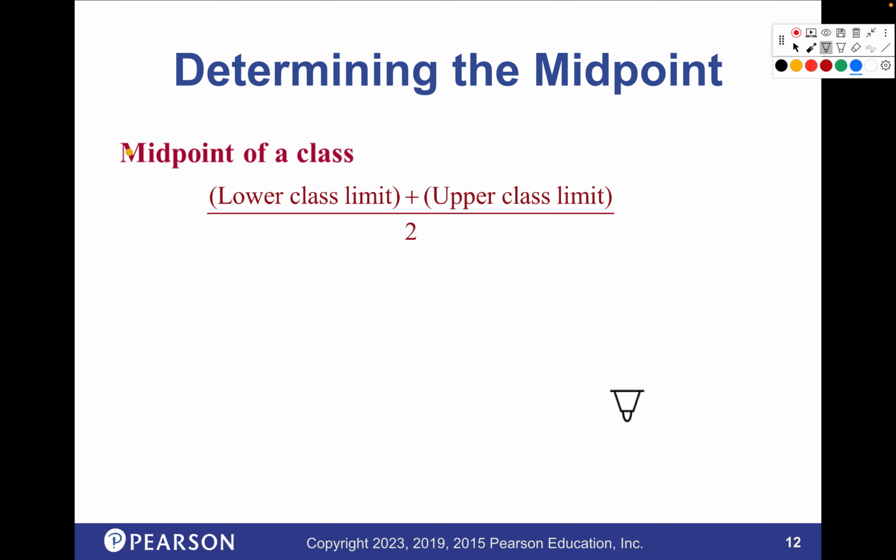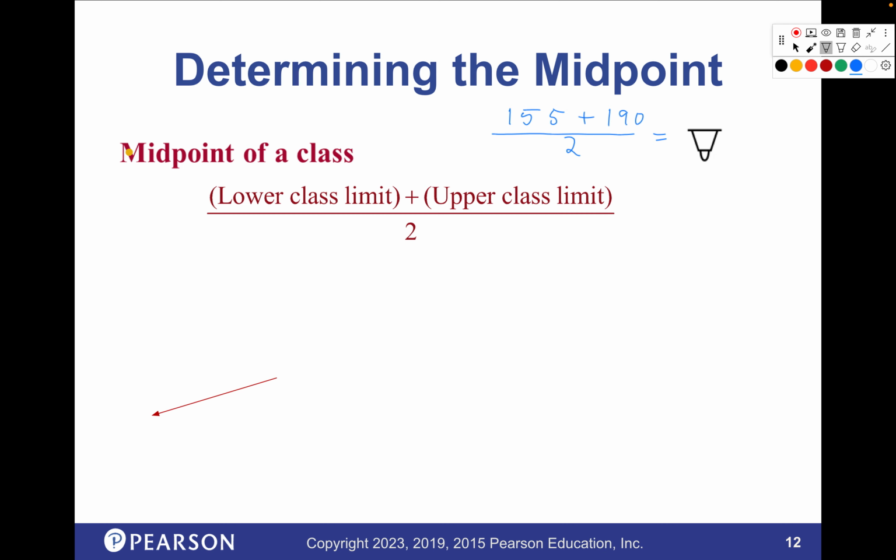And so we use the midpoint, the middle. The way you always get halfway through 2 points is you take the lower plus the upper and divide by 2. That gets you halfway between them. So for the first one, 155 plus 190 is our first class. If you divide that by 2, you'll get the midpoint.